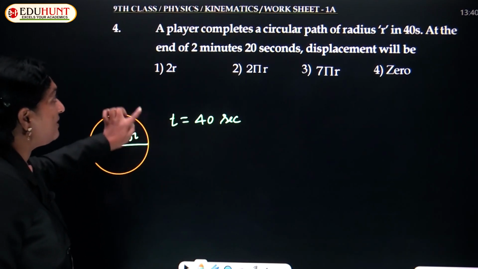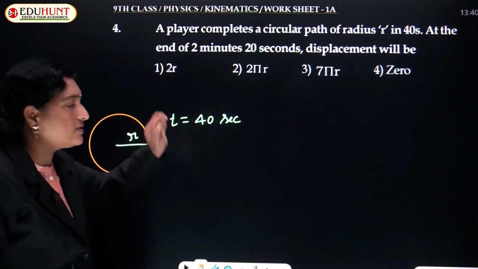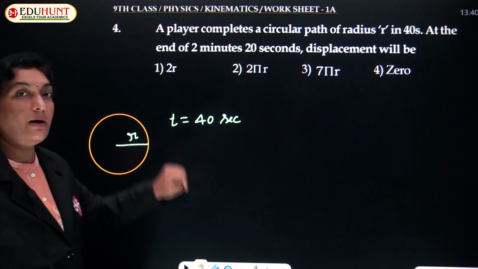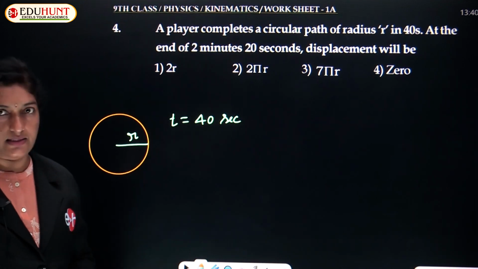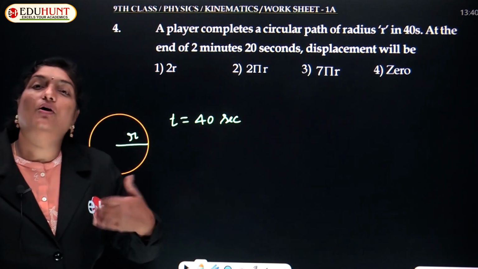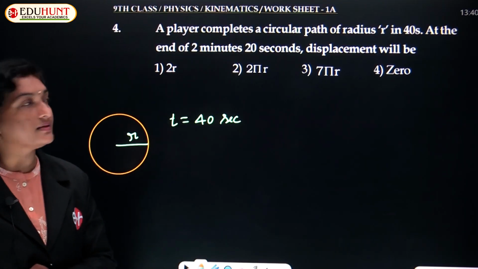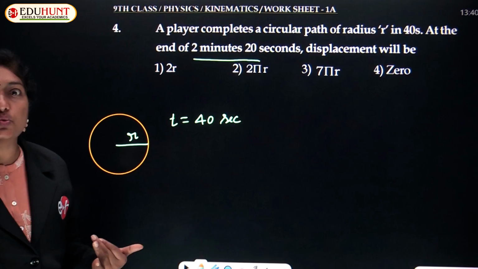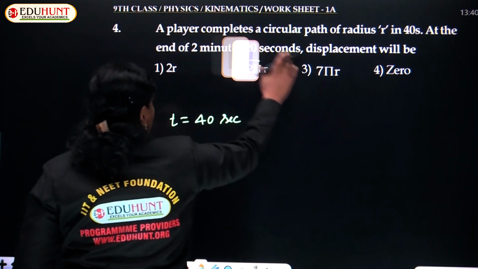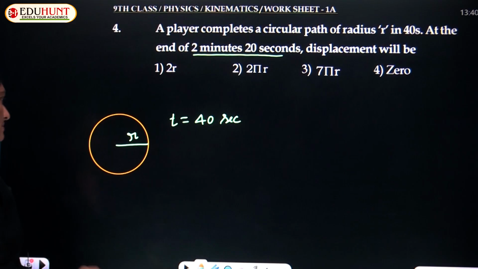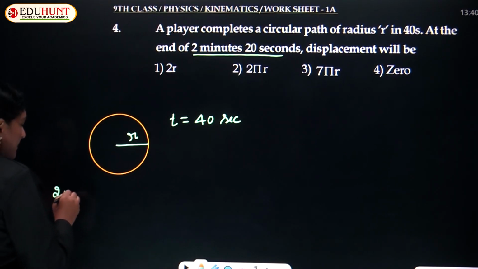So, to complete one circular path, he takes 40 seconds. To complete 2 circular paths, he must take 80 seconds. To complete 3 circular paths, he must take one more 40, that is 120 seconds. But here, how much time was given, children? 2 minutes 20 seconds.